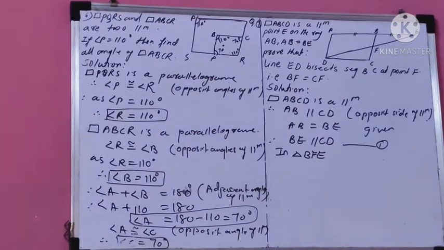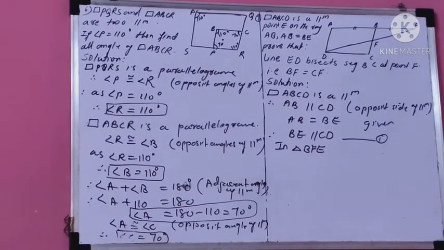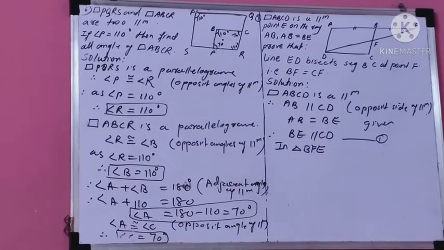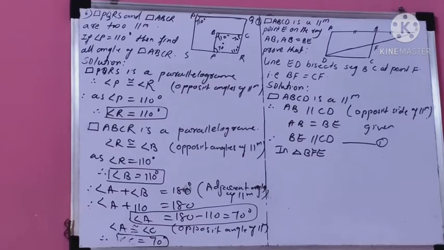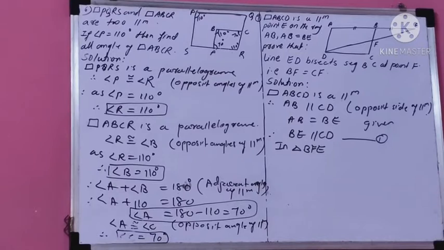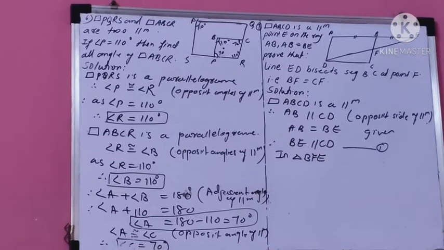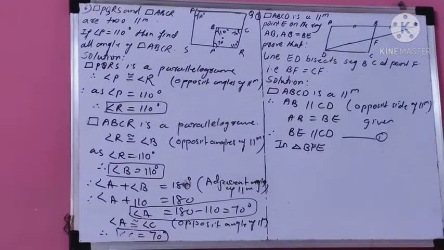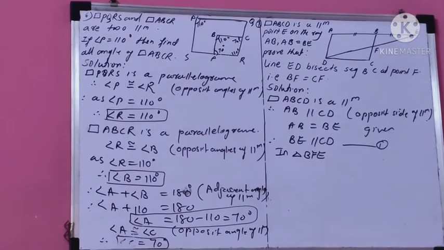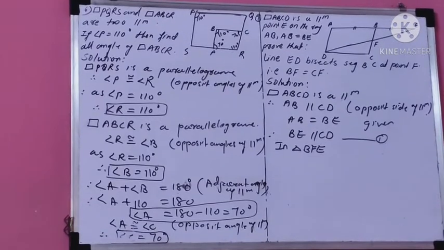So here you get angle B 110 degrees, opposite angles of parallelogram. Now see angles A and B in quadrilateral PBCR are adjacent angles, and you know that adjacent angles of a parallelogram are supplementary. That means their sum is 180. So angle A plus angle B is equal to 180. Now substitute the value of angle B, 110, then you get angle A is 180 minus 110, 70 degrees.